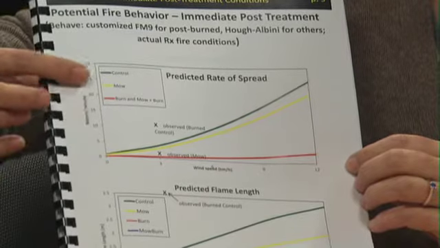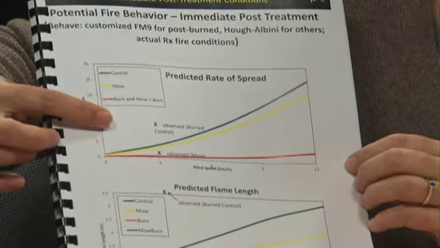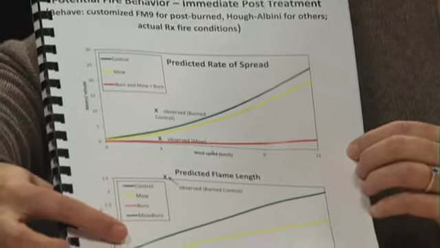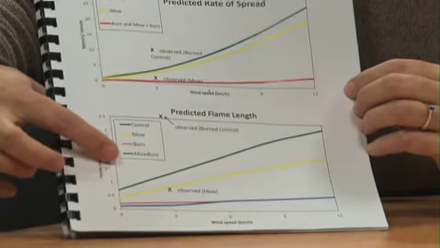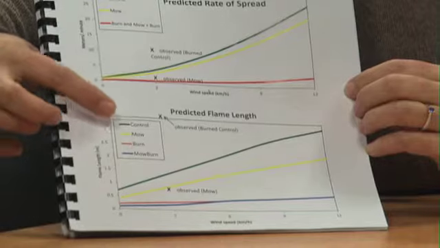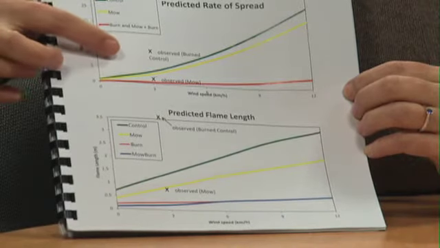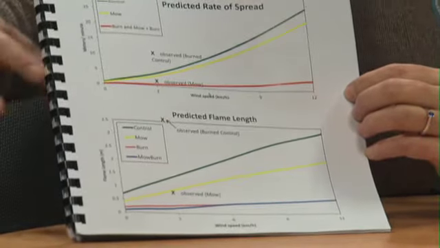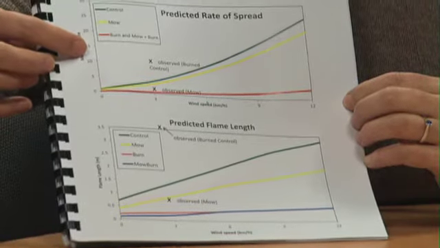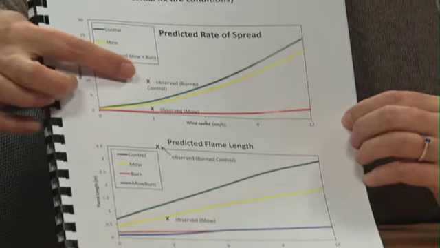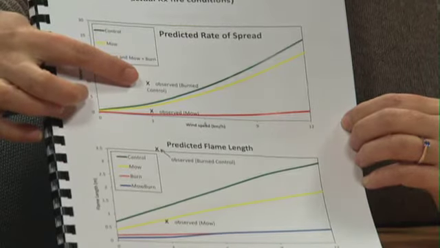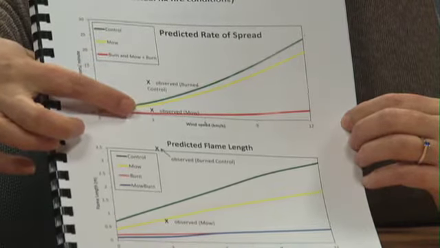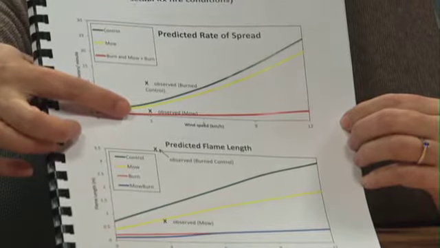The mow and the control sites both had higher predicted rates of spread, as well as higher predicted flame lengths. So that's what we expected to see. What we actually saw was even worse than what we expected based on the model. Our observed rate of spread in the control was even higher than what was predicted, and much higher than what we saw in the mowed site in reality.